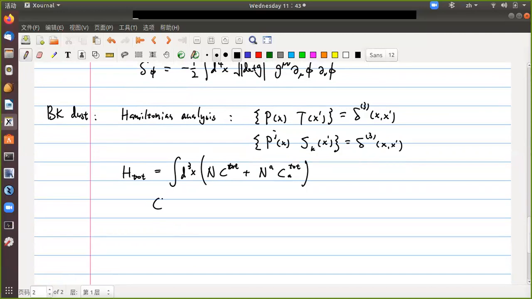So what is this C total? It equals C, which is just the gravity part of the Hamiltonian, plus the matter part. This matter part is very simple. It is P times the square root of 1 plus q^{AB} C_A C_B, where C_A is just the diffeomorphism constraint of pure gravity, divided by P squared.